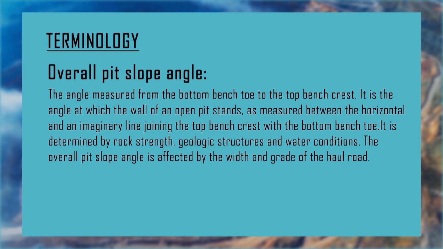It is determined by rock strength, geological structure and water conditions. The overall pit slope angle is affected by the width and grade of the haul road. Grade means here gradient of the haul road. Naturally, if the width is more, the overall pit slope angle will be less. If width is less, the overall pit slope angle will be high.